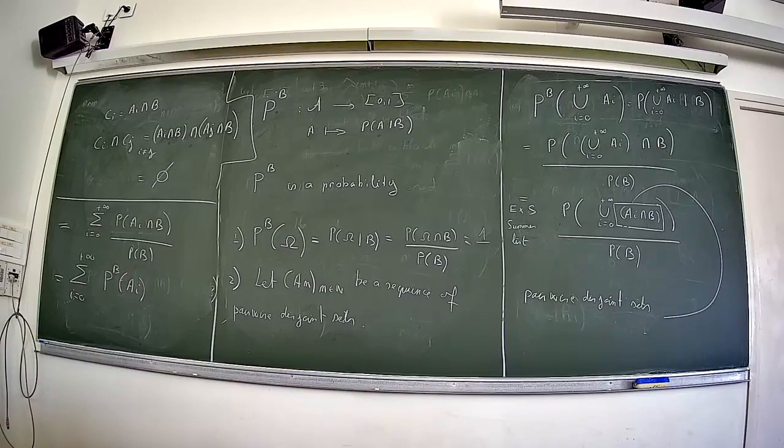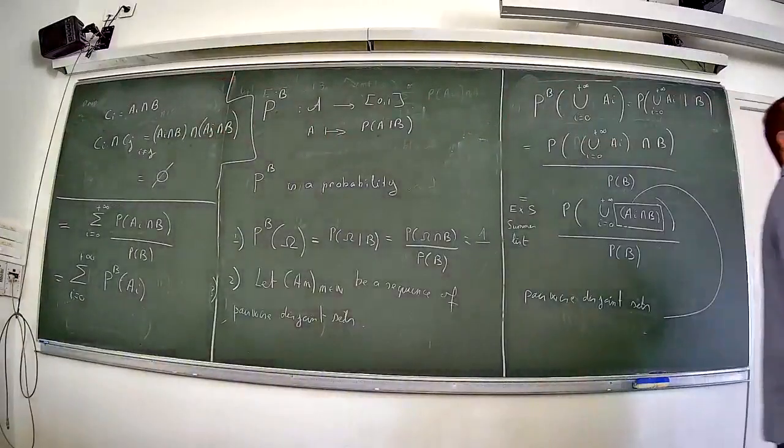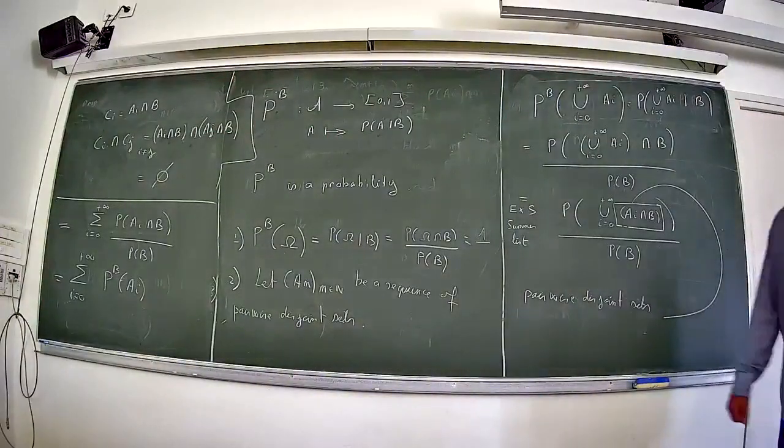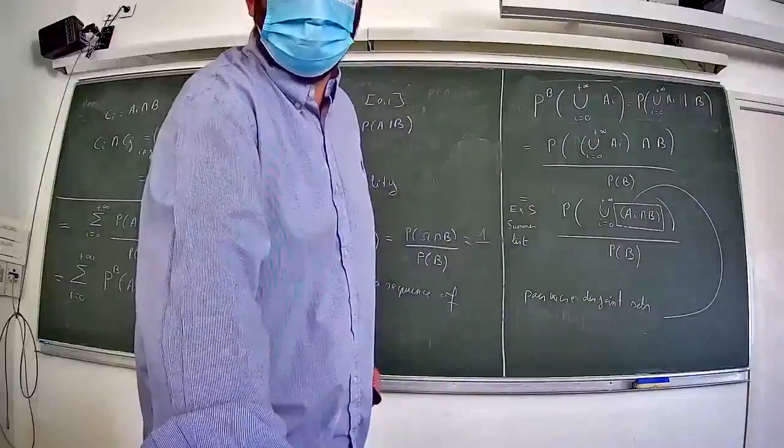Just by definition. And I have never used the word independence here. Never. Okay? Other questions? So PB is what we call the conditional probability given B.